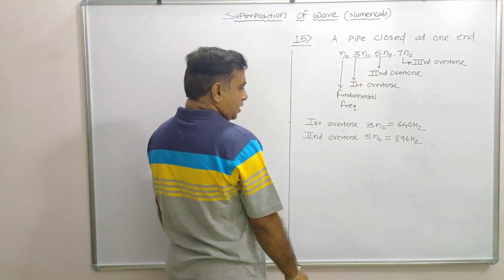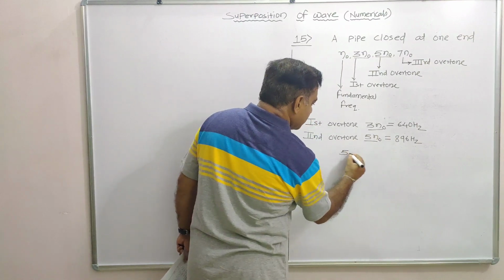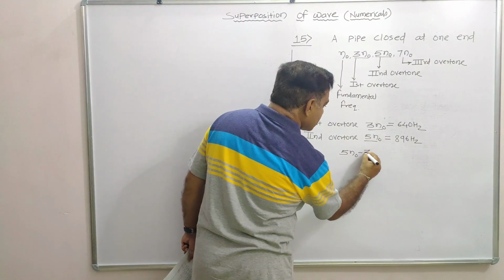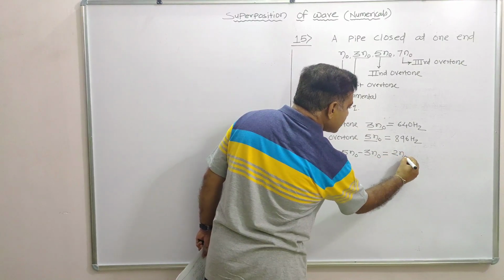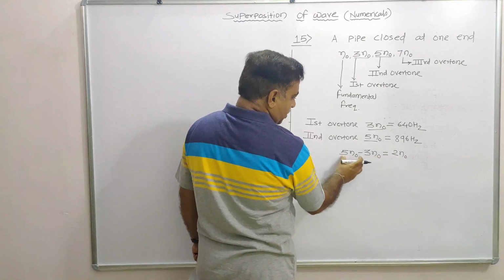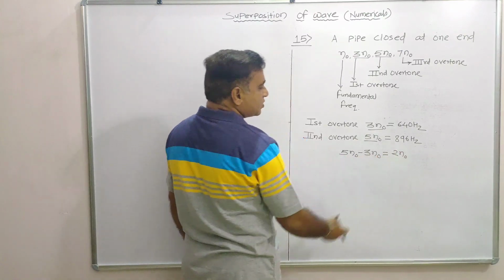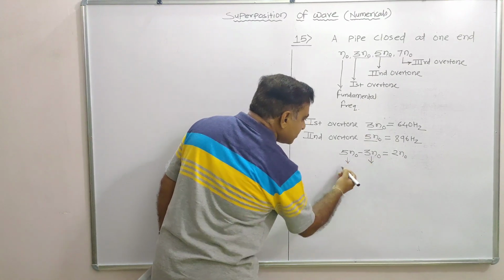If we take the difference between these two, 5N0 minus 3N0 is equal to 2N0. Corresponding frequencies also get subtracted.